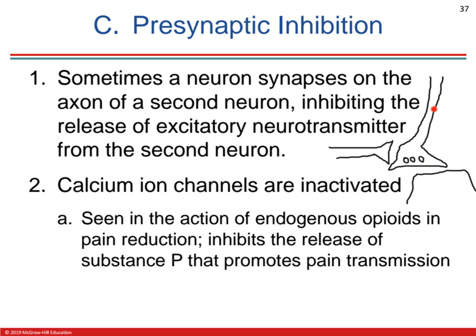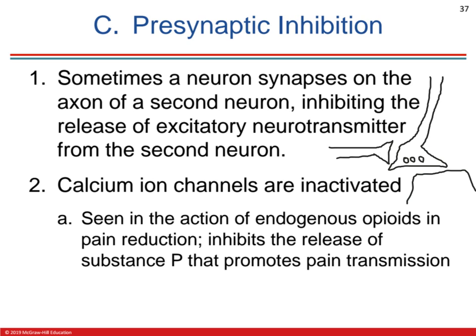Therefore, when an action potential travels down its axon and invades this axon terminal, because it's more hyperpolarized, there'll be less activation of voltage-gated calcium channels, therefore less influx of calcium, therefore less release of neurotransmitter. So that's one possibility.